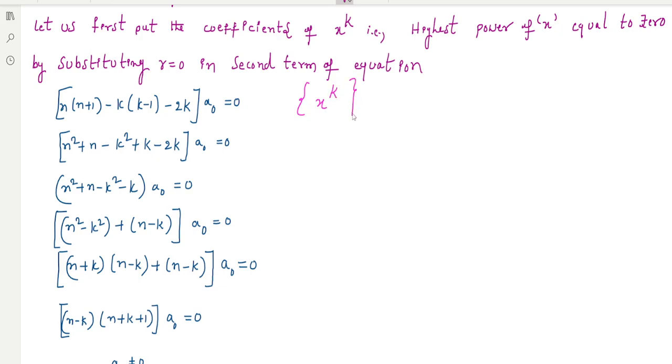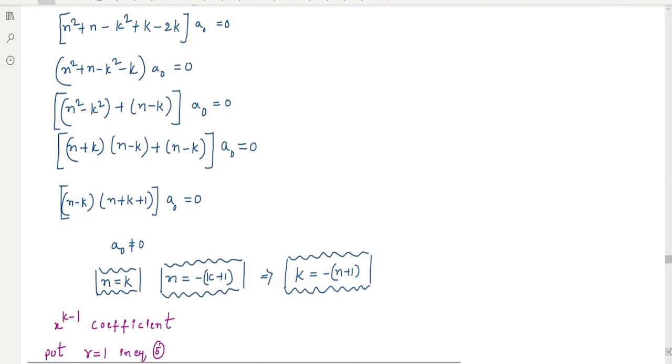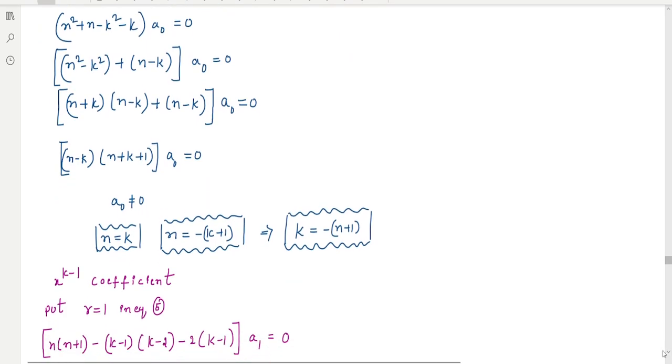If you simplify this one with simple steps, then finally you will get this equation: n minus k into n plus k plus 1 into a naught equal to 0.